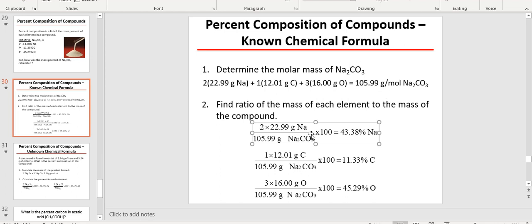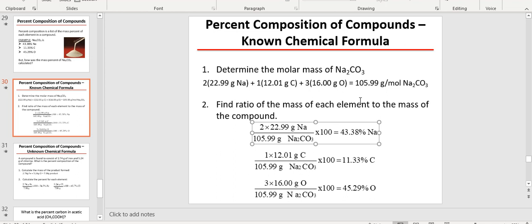Now, you're going to dissect this into 3 parts. You're going to dissect the sodiums off, the carbon off, and the oxygens off.